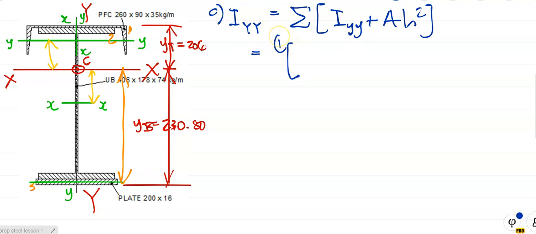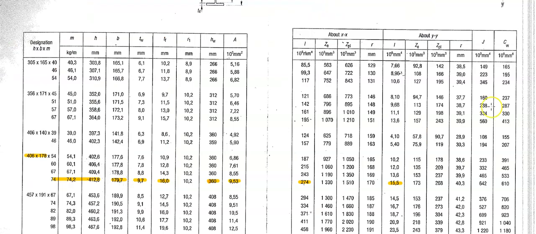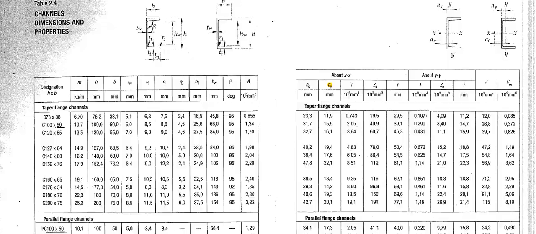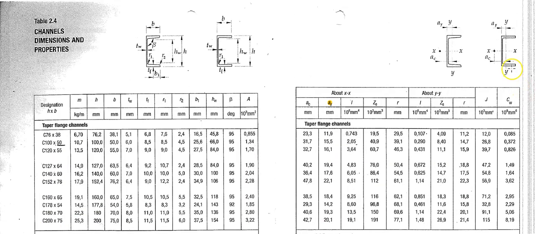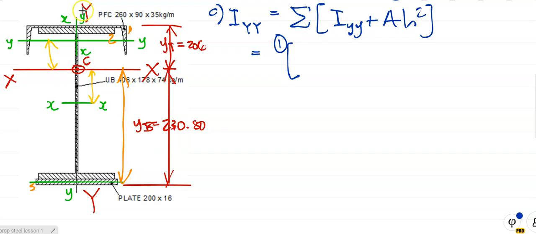Element 1. What's Iy? Iy is the second moment of area for the channel. That's element 1. Now, people, be very careful. Are you tuning in? Notice there, because the channel has been rotated through 90 degrees, its x axis is now parallel to the y axis of the whole cross section.